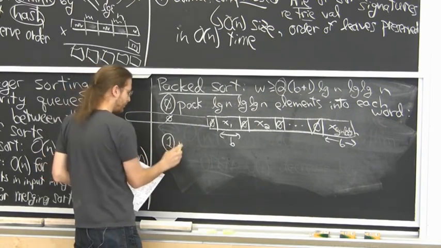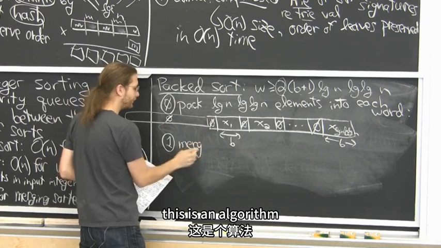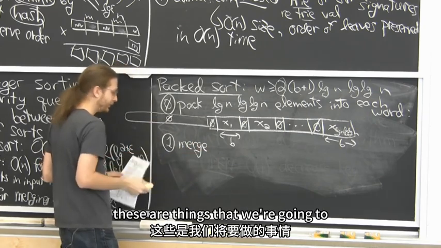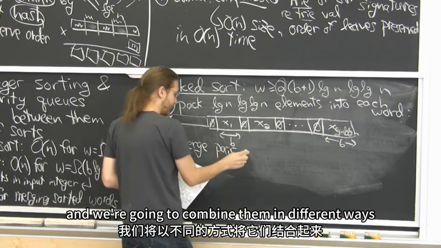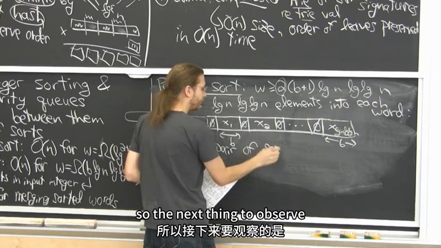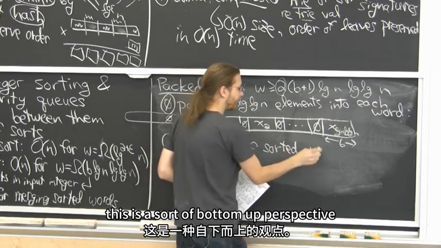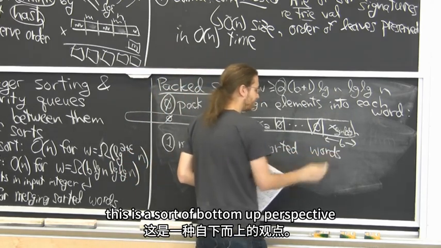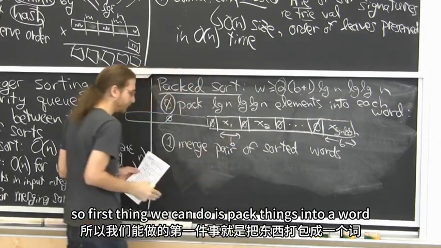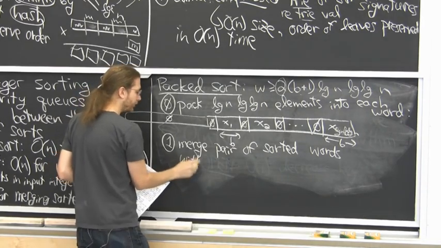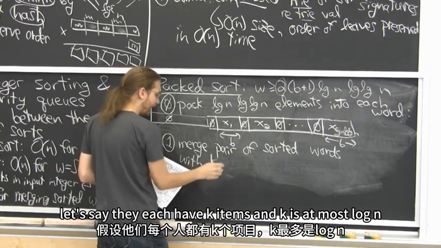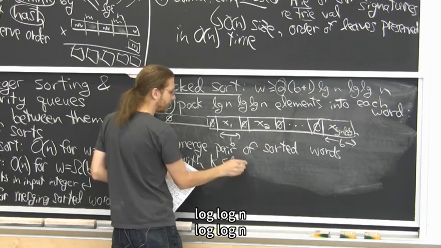Next step, this is an algorithm. It's not really a step, I should say. These are things that we're able to do, and we're going to combine them in different ways. So the next thing to observe, this is a sort of bottom-up perspective. First thing we can do is pack things into a word. Next thing we can do is merge two sorted words. Let's say they each have k items, and k is at most log n log log n.